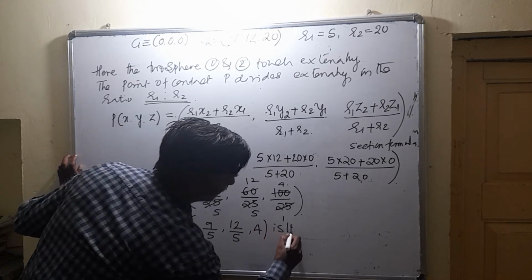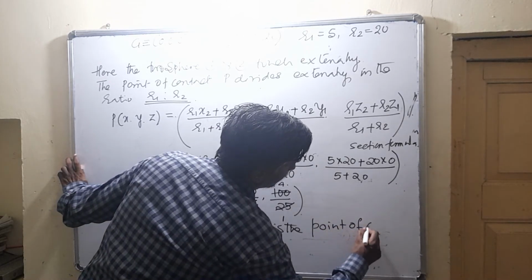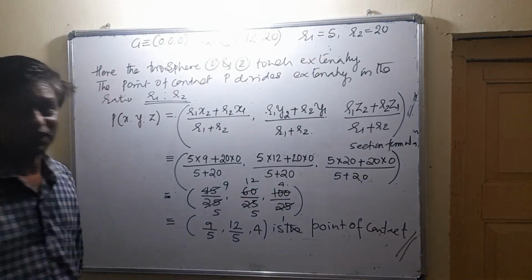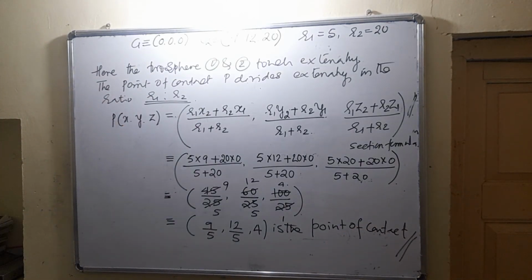This is the point of contact. This carries 10 marks. You can easily solve this type of problem. Correct?